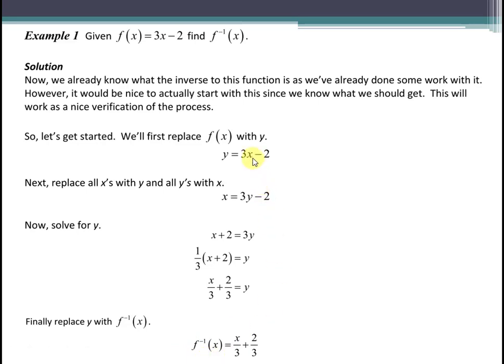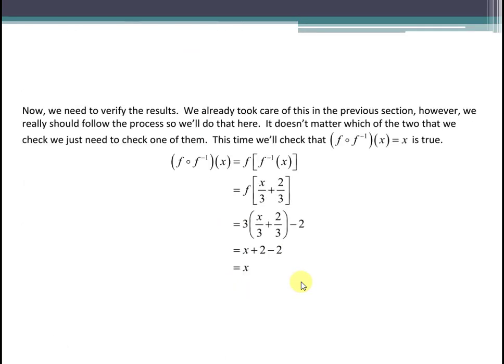So again, I repeat, we should change all x to y, all y's with x, and solve our equation for y, and we get the inverse function. Solve for y. This is an important part of finding the inverse function. Now we need to verify this result.